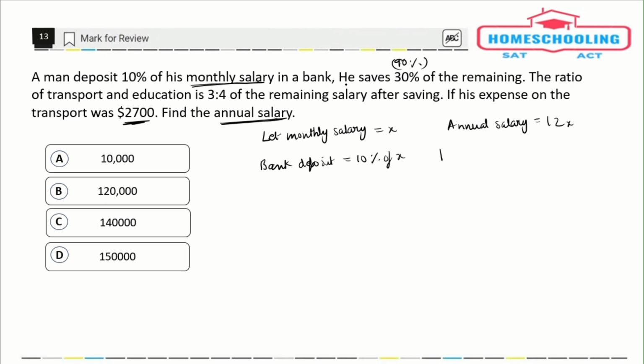The next statement says that he saves. His savings is 30% of the remaining.